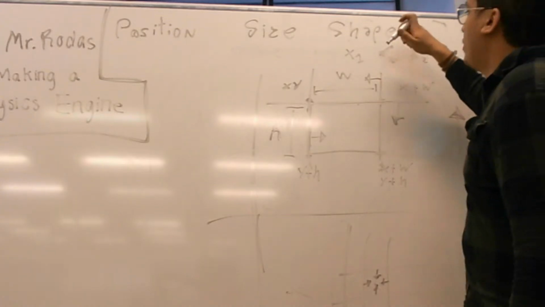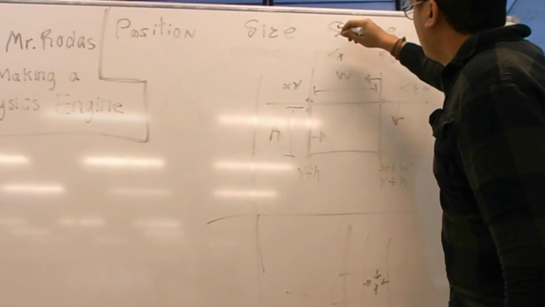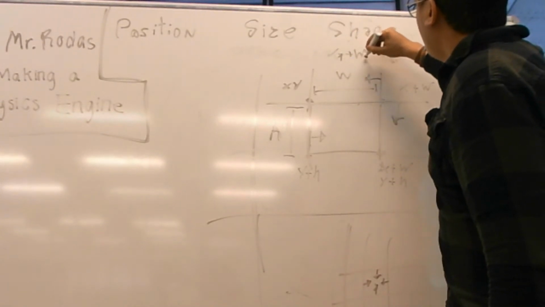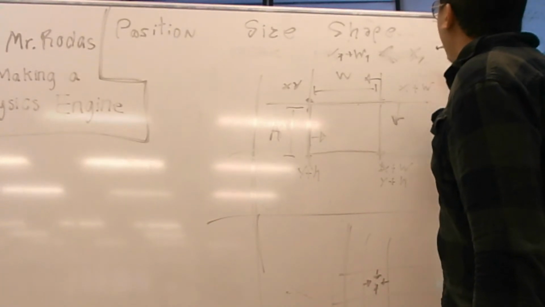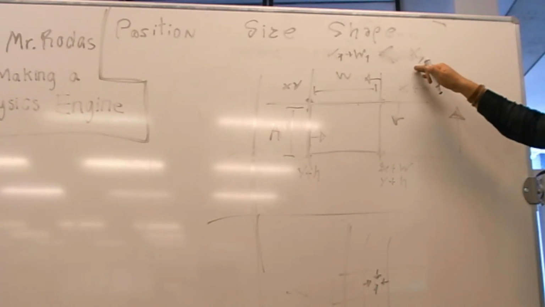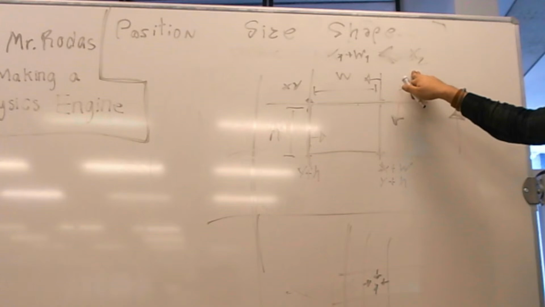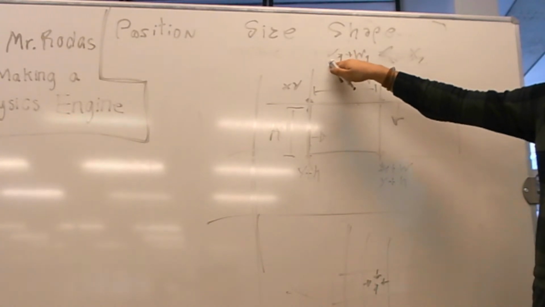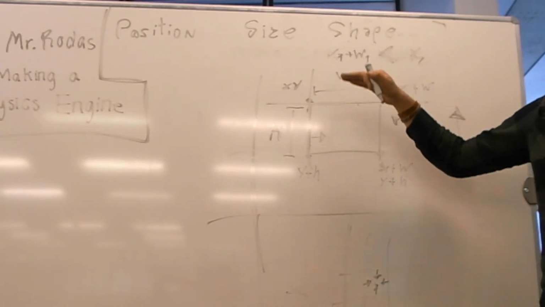Well, actually, it would be the other way around, my bad. It would be x1 plus w1 is smaller than x2. So that is the leftmost corner of the second square is smaller than x1 plus w1, the first square plus its width.